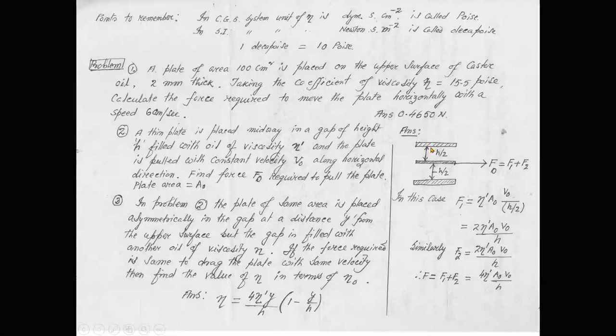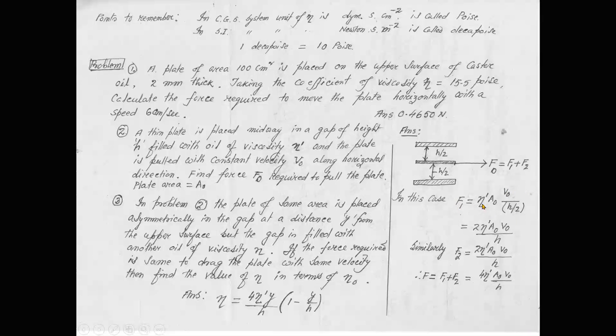In this case, the difference of height, dy or dx, is equal to h by 2, and the velocity attached to this layer is equal to 0. Velocity attached to this layer is equal to v naught. So change of velocity due to change of height h by 2 is v naught minus 0.